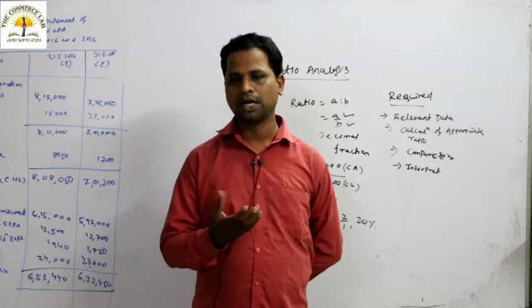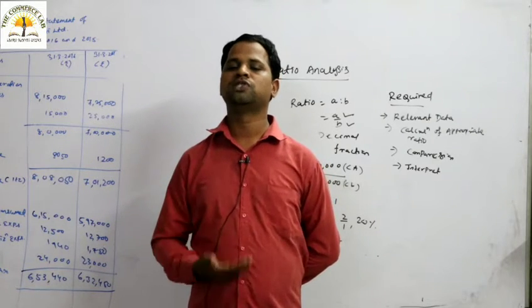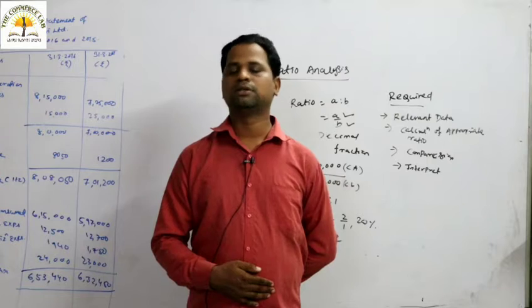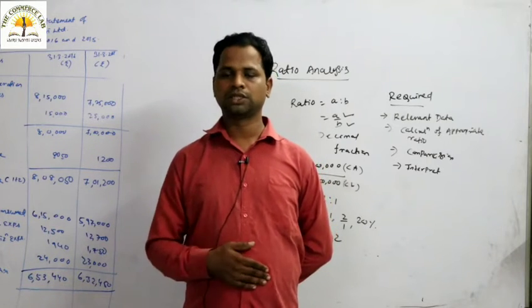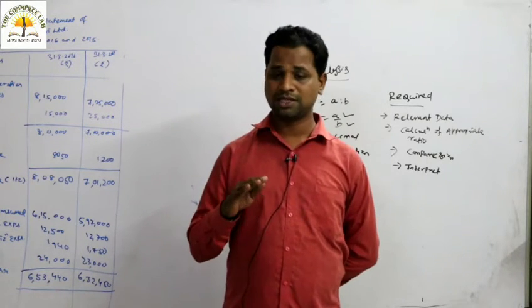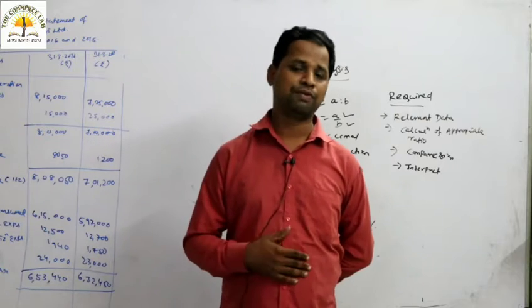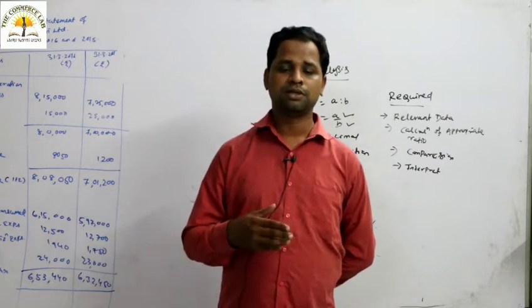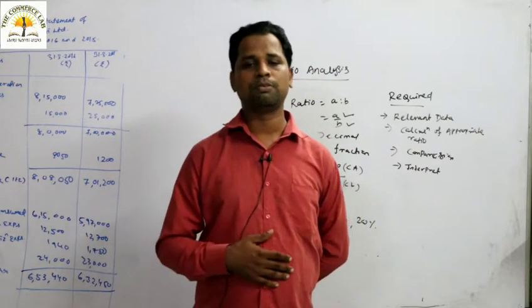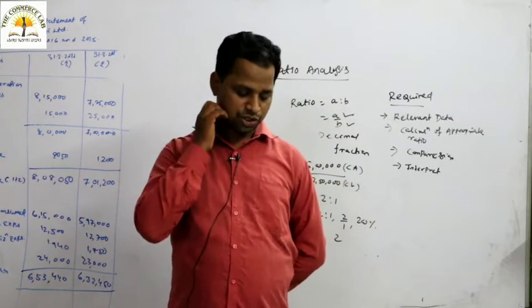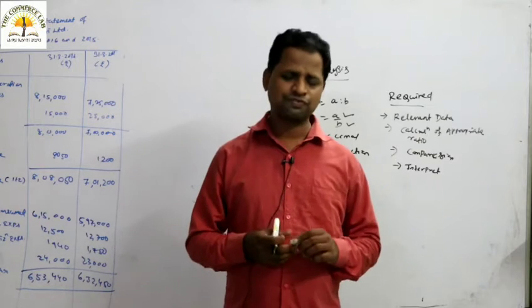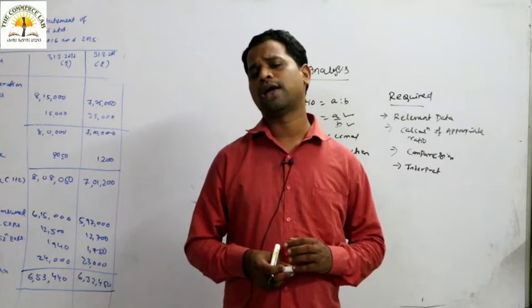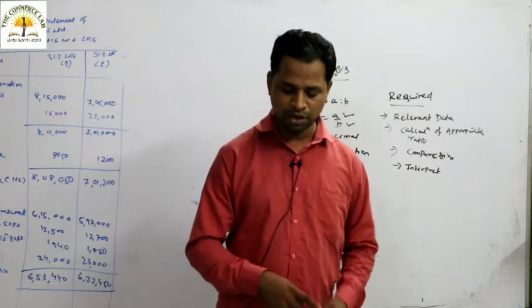You have to narrate whether the company performance is good or bad. Companies need to take care of whether they have strength or weakness, whether the company's liquidity position is sound or not, whether the long term solvency position is good or bad, and whether the profitability position is good or bad. So these things you have to interpret after calculating the ratios.